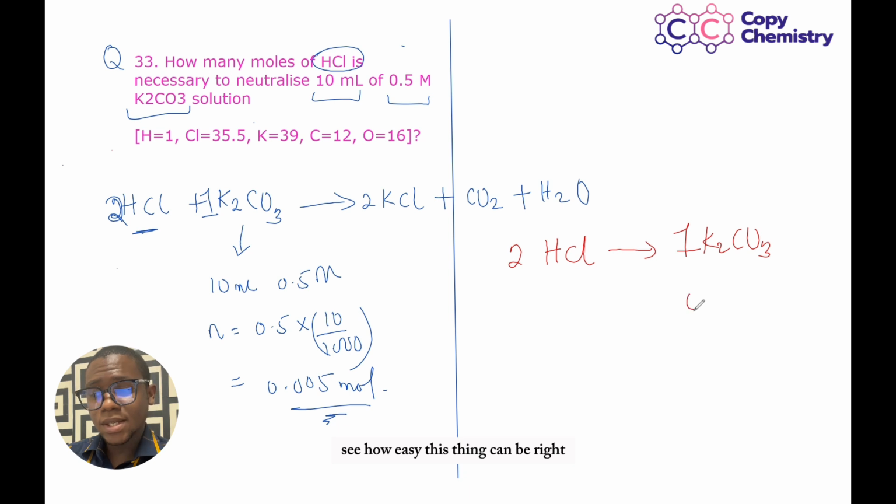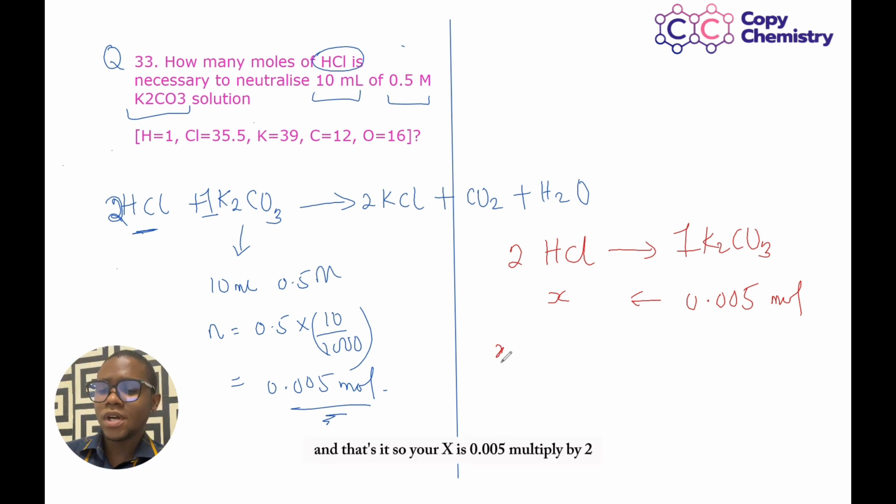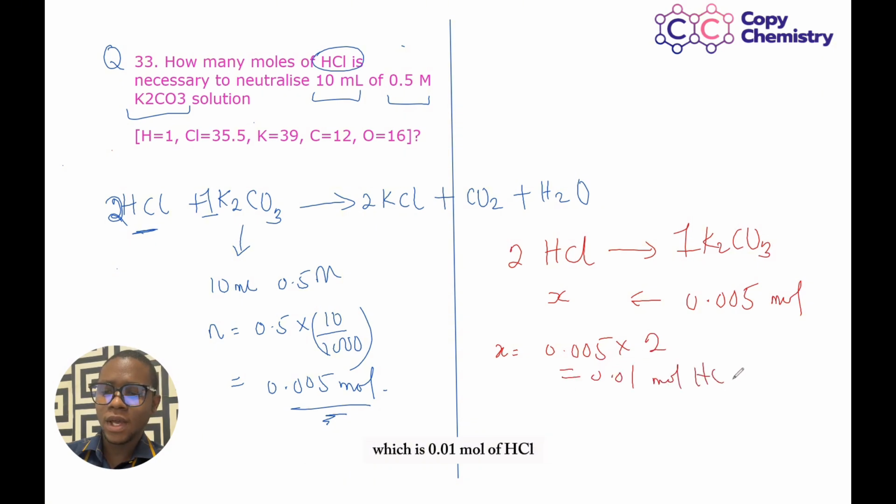See how easy this thing can be, right? 0.005 moles of K2CO3 would then give you what amount of HCl, and that's it. So your X is 0.005 multiplied by 2, which is 0.01 mole of HCl, and that's it.